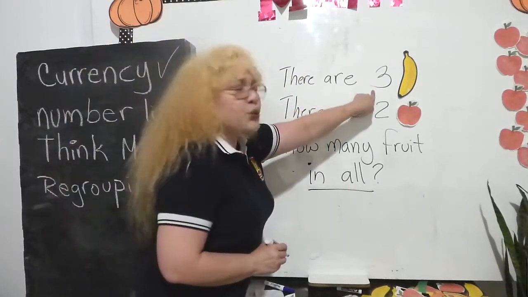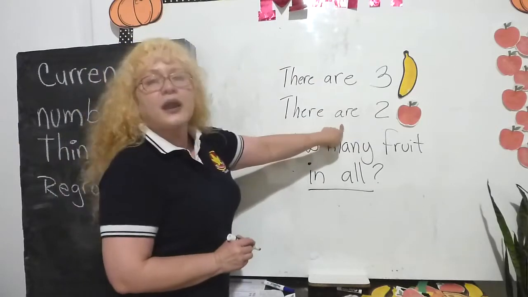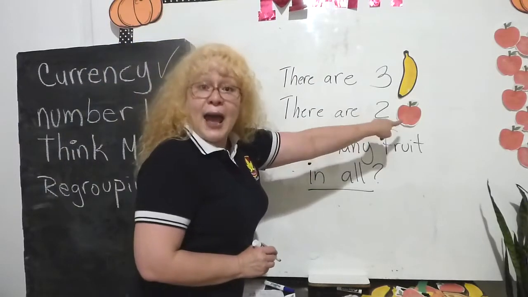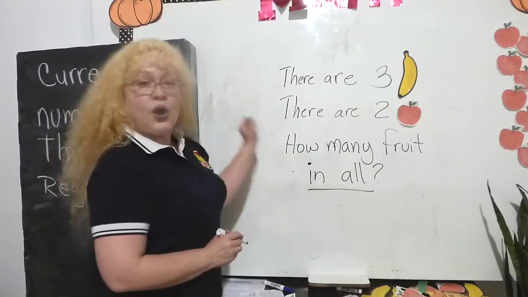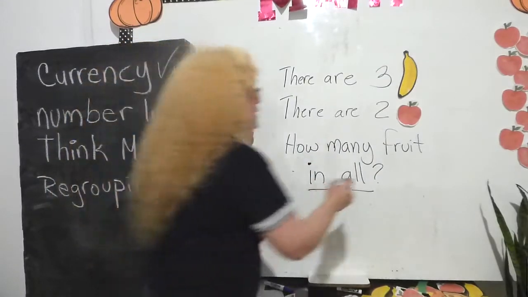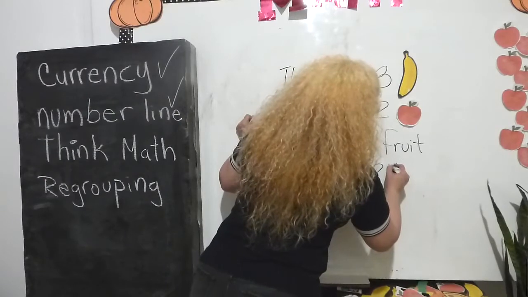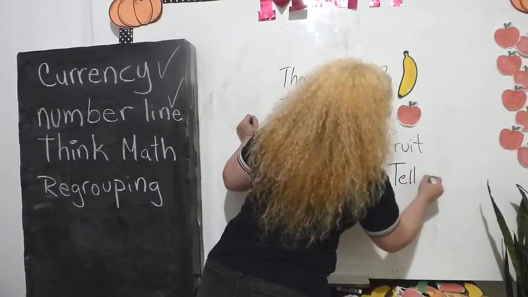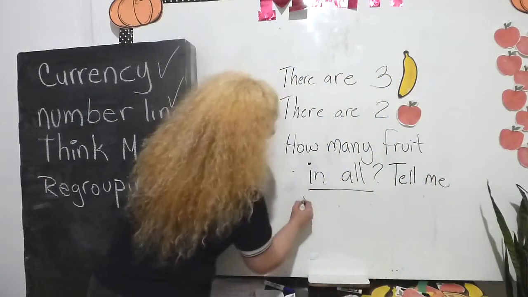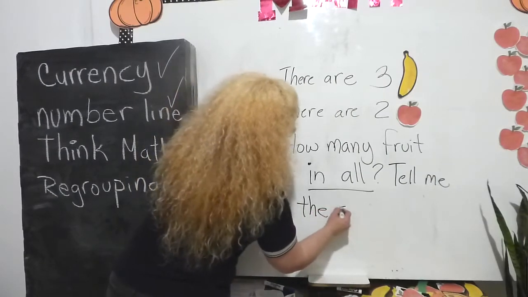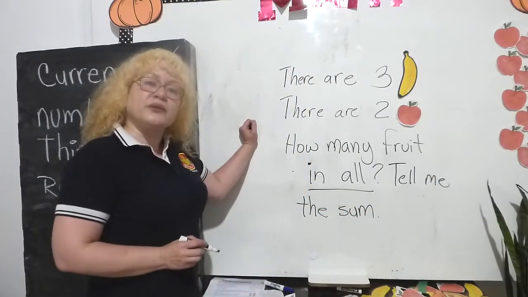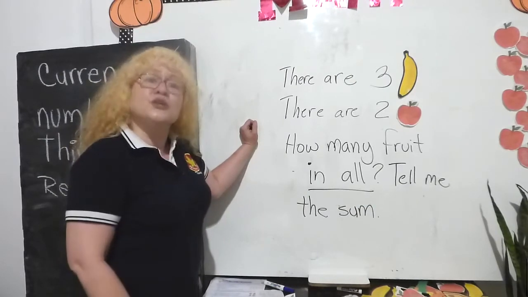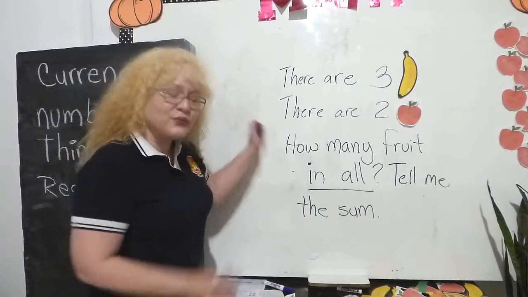There are 3 bananas. There are 2 apples. How many fruit in all? Or it could say, tell me the sum. What do you have to do there? Yes, you have to add. Very good.